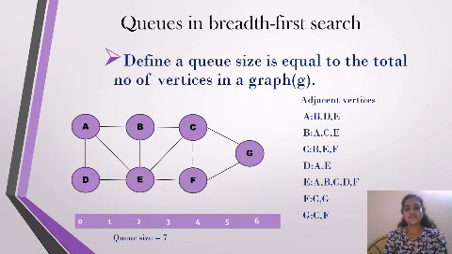Adjacent vertices of A are B, D, E. Adjacent vertices of B are A, C, E. Adjacent vertices of C are B, E, F. Adjacent vertices of D are A, E. Adjacent vertices of E are A, B, C, D, F. Adjacent vertices of F are C, G. Adjacent vertices of G are C, F. So here the queue size is equal to 7.